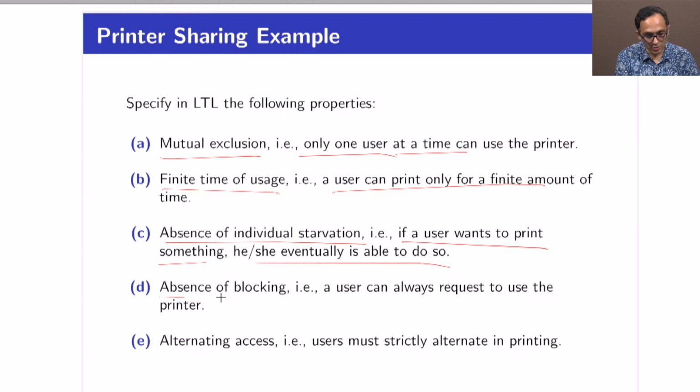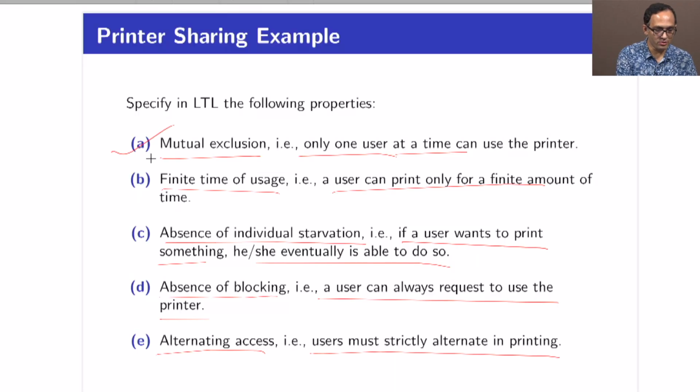And absence of blocking, that means a user can always request to use the printer. Okay. And alternating access, it is strictly alternate. So if Peter prints, until Betsy prints something, Peter does not get a chance to print, right? He has to wait until Betsy prints her document. Okay. So let us say I have to encode these 5 properties.